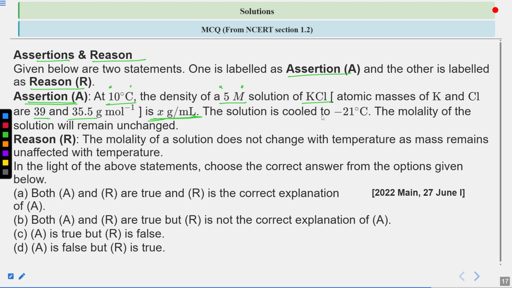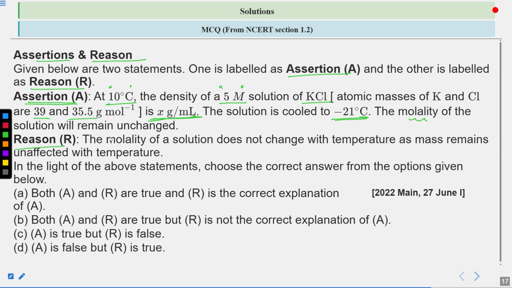The solution is cooled to minus 21 degrees Celsius. So we change the temperature of the solution. The molality of the solution will remain unchanged. There will be no change in the molality. This is what the assertion is telling us.